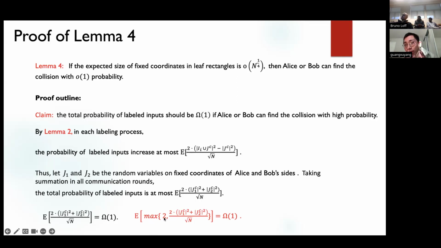Since this quantity is a probability, it must be upper bounded by a constant, meaning that every time you label all rectangles, you just upper bound by 1. You don't label any more. So we can use this kind of trick to get this result. This result will imply number 4.